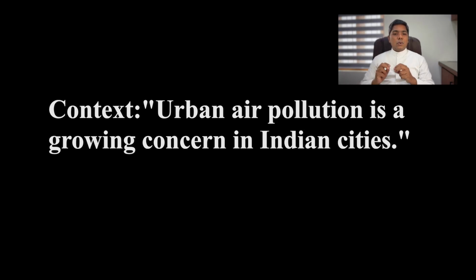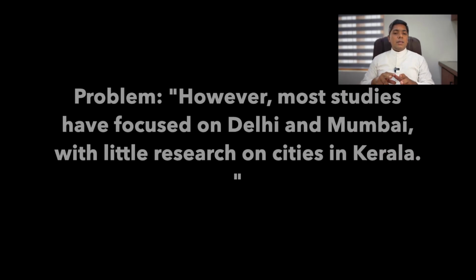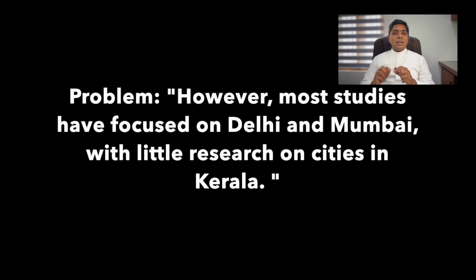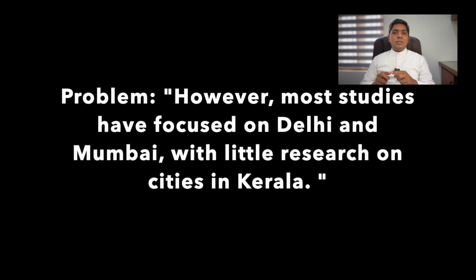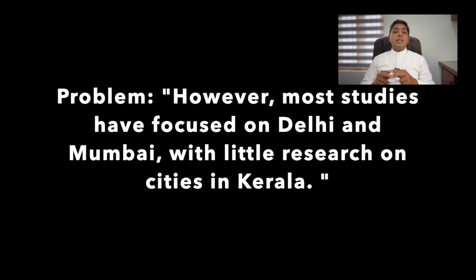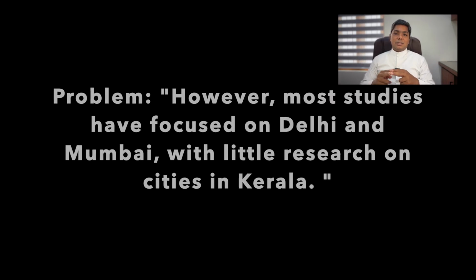So we have looked at the context and we found that, however, most studies are focused on Delhi and Mumbai. There is little research done on this issue in Kerala cities. So, from a general context, we have identified an issue.